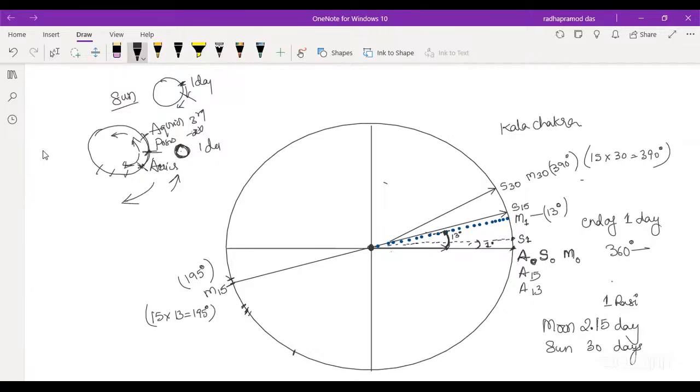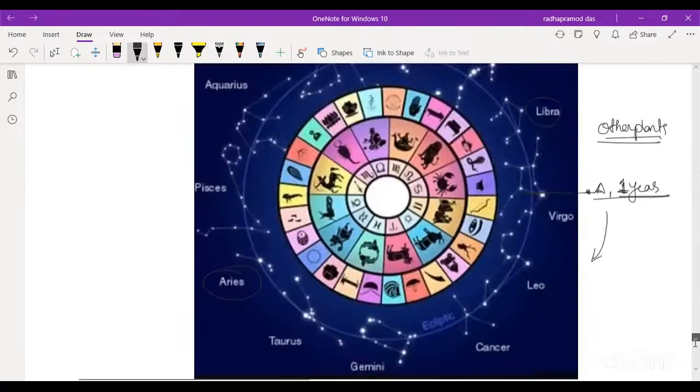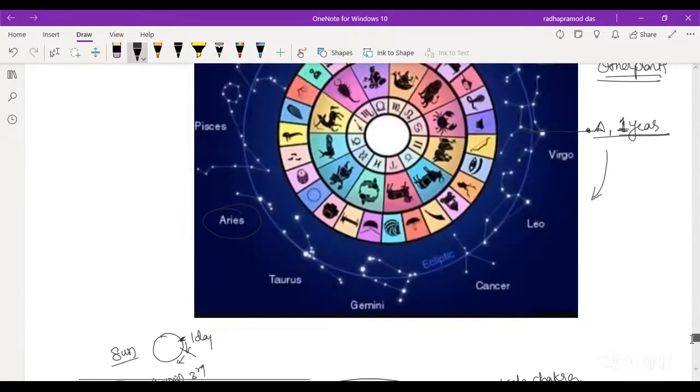So it looks like the sun is in Aries now, but tomorrow it is not in Aries. It is somewhere going towards Pisces, and the day after tomorrow it is going back more, to Aquarius. So even the zodiac here, if you see the position of this, Aries is there.